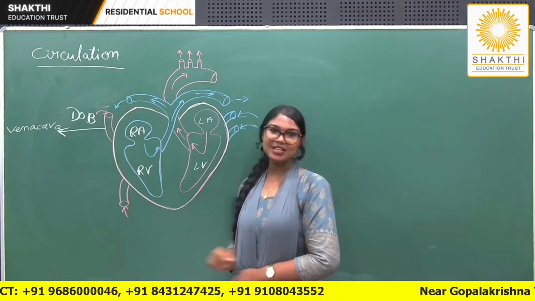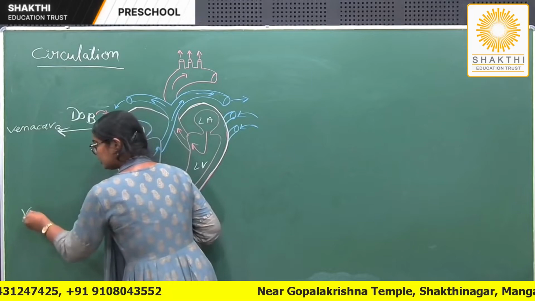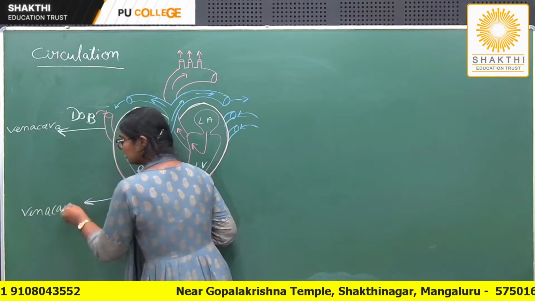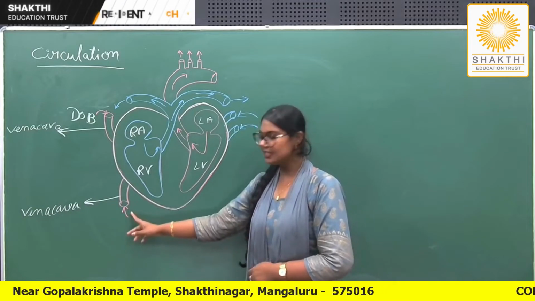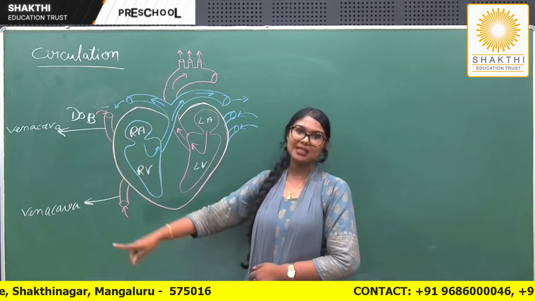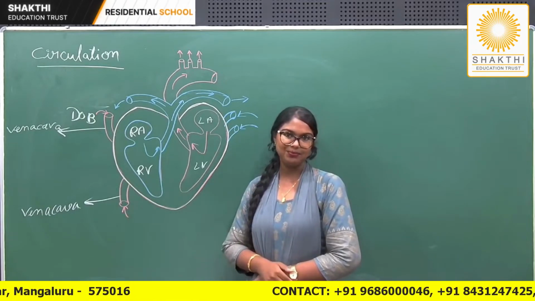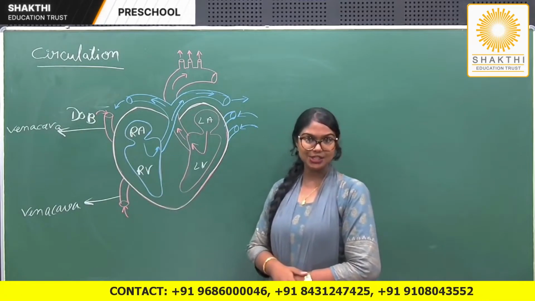The inferior vena cava also brings deoxygenated blood from all the parts below the heart, students. All the parts below the heart will contain DOB, which will be again brought to the right atrium by the inferior vena cava. Next, the DOB starts filling in the right atrium.